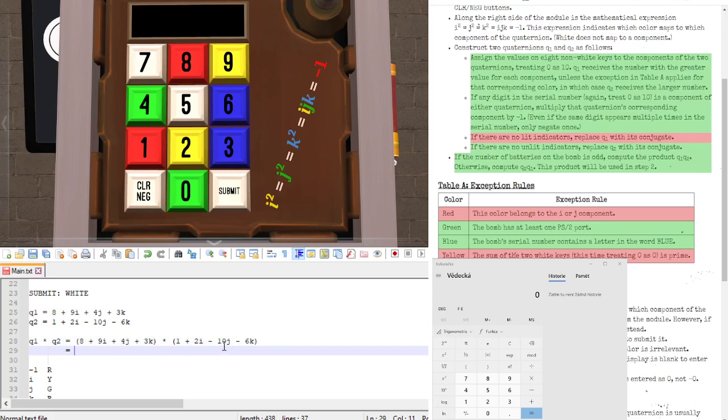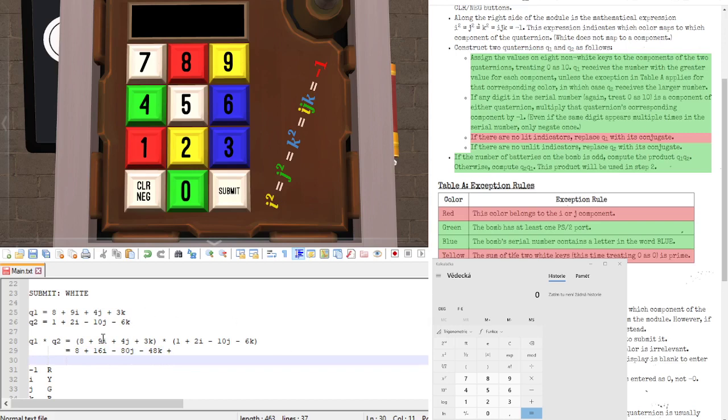So 8 times 1 is 8, plus 8 times 2i is 16i, plus 8 times minus 10j is minus 80j, and 8 times minus 6k is minus 48k. That was 8 times something. Okay, that was the easy part. Now we need to do the same for 9i. I'll put that on the next row so you can see it more clearly again.